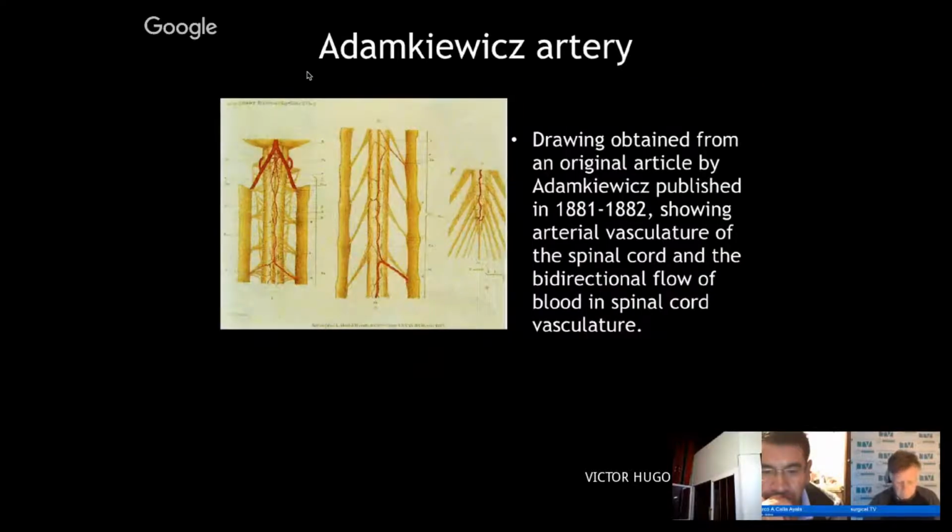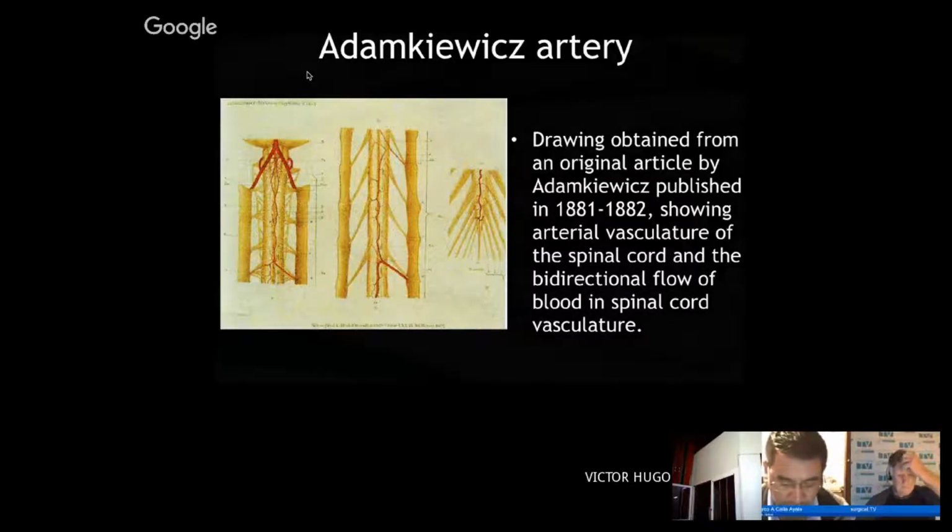Drawing obtained from an original article by Adamkiewicz, published in 1881-1882, showing arterial vasculature of the spinal cord and the bidirectional flow of blood in spinal cord vasculature. This was a drawing.